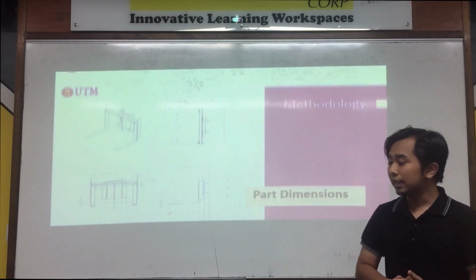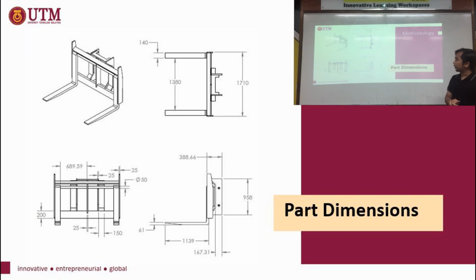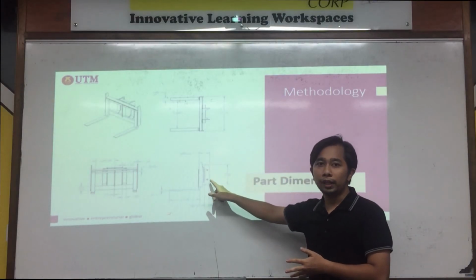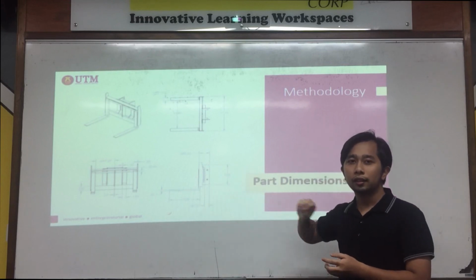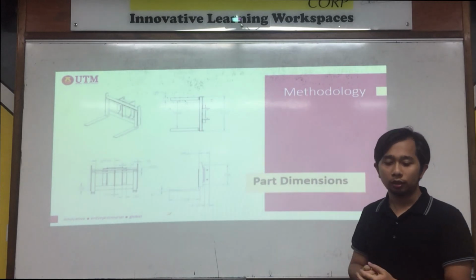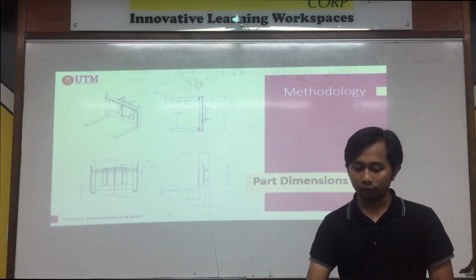And then for the methodology, this is our part dimension. We use this part as a standard specification from the market. And then you can see the dimensions there, and this one will be the boundary condition that we apply, and you can get more information about this from my friend at the FeMap Nastran.